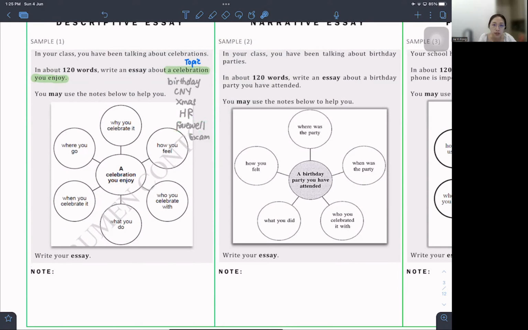Why is it not suitable for this question? You look at your questions 1, 2, 3, 4, 5, 6. Do you realize that they are using present tense? What does this tell us? It is telling us that this celebration happens annually. That's why look at the word enjoy. I didn't put ed.